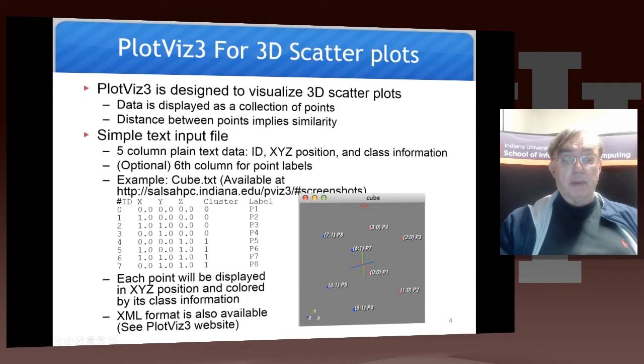We give them the labels P1 through P8, and you can use Plotviz to make a picture sort of like this. This example is available on the website, as part of the resources for this tutorial. We will go through this example in a little time. I want to put the actual use of Plotviz in groups so we don't keep switching back and forth between the PowerPoint and the program.